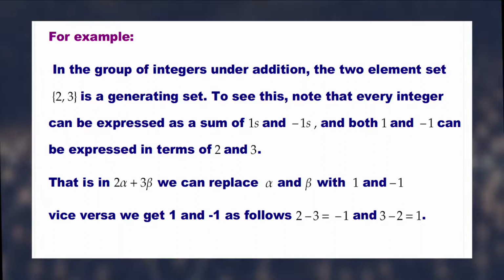To see this, note that every integer can be expressed as a sum of 1s and -1s, and both 1 and -1 can be expressed in terms of 2 and 3. That is, in 2α + 3β, we can replace α and β with suitable integers to get 1 and -1. Indeed, 2 - 3 = -1 and 3 - 2 = 1.